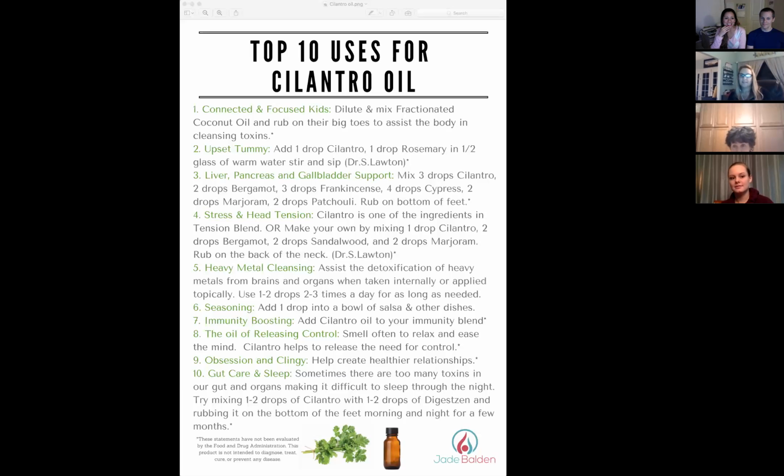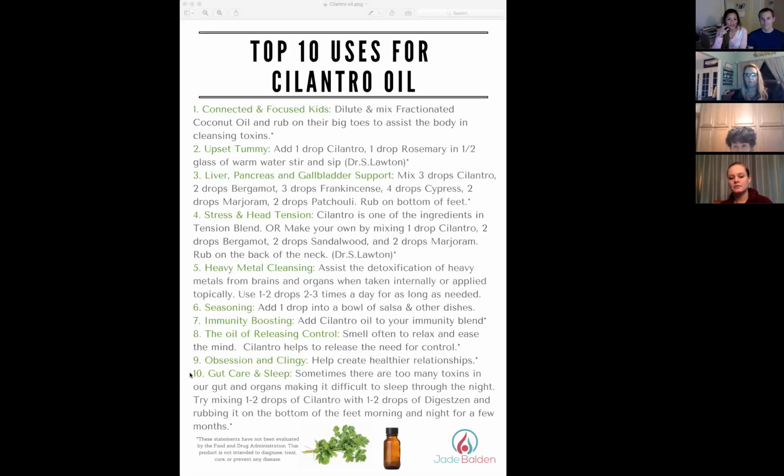All right, the last thing is gut care and sleep. So not only are toxins going to be lodged in our other organs, this is going to cause a lot of sleep problems because our gut is not healthy and happy.